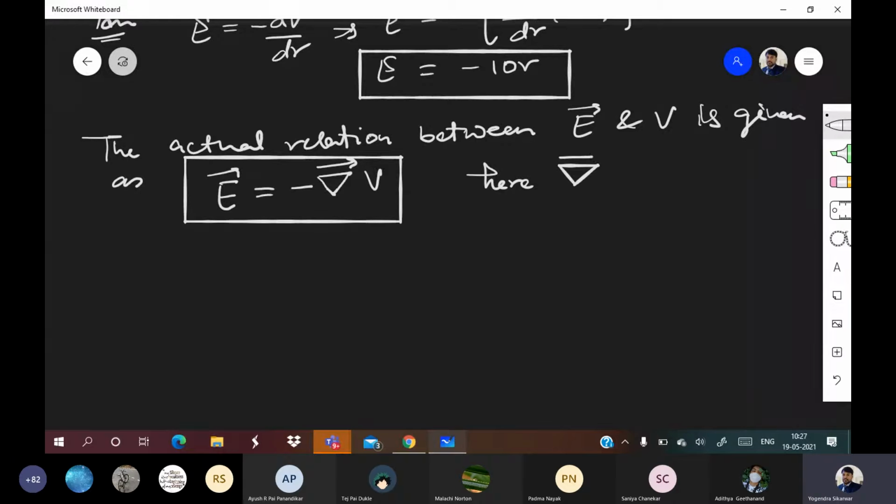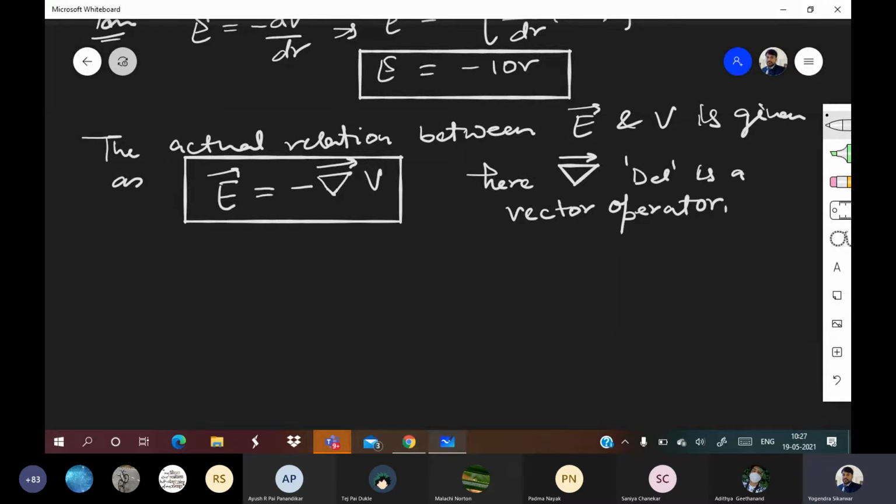This is del, and del is a vector operator. Understood? So due to this vector operator del, we are converting a scalar into a vector.